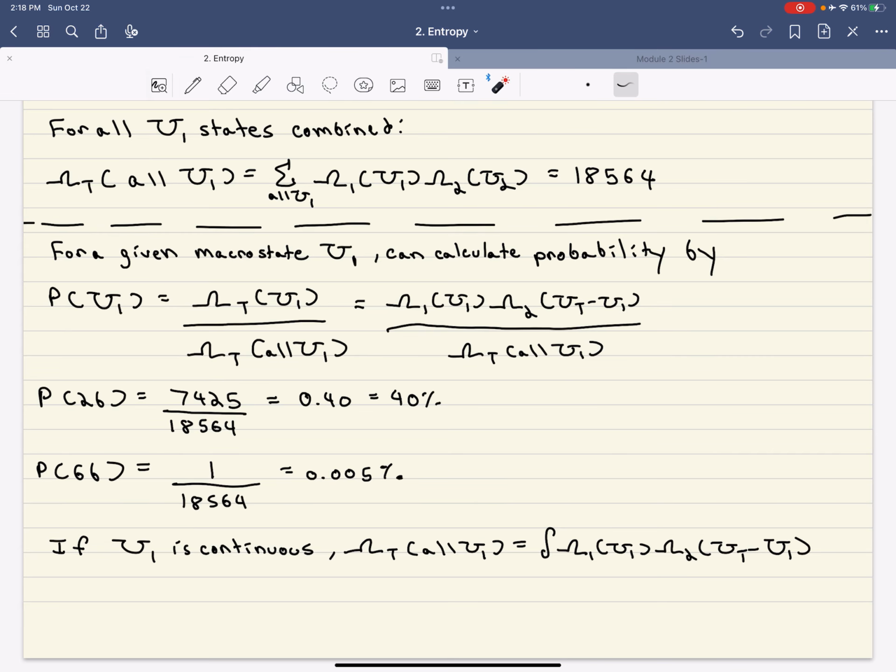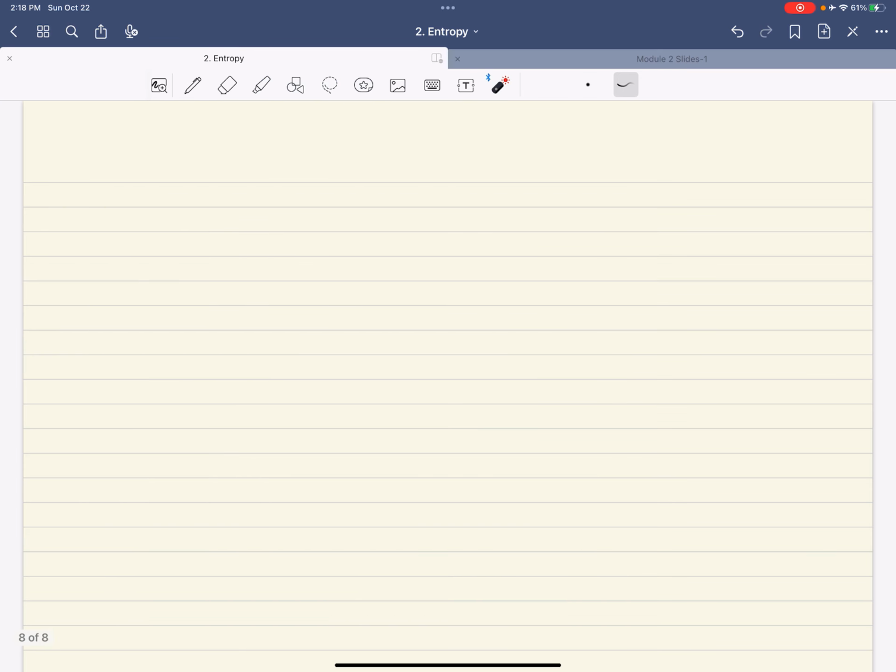And so, if we want to maximize our entropy, we need to find the value of U1 that maximizes the entropy. To find, in other words, the most probable value of U1, we're going to find the value of U1 that has the highest probability.